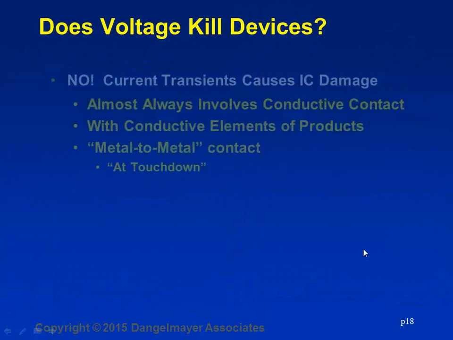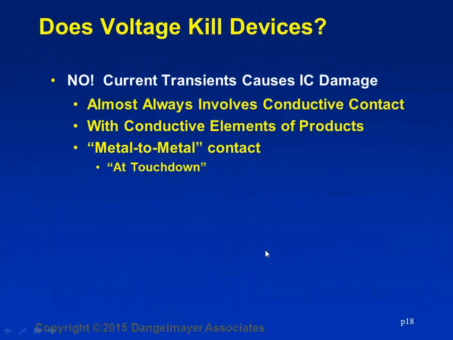Now, does voltage kill devices? The answer is no. It's the current transients that damage devices. And it almost always involves conductive contact with another object: tools, automation equipment, various items within the manufacturing environment. Again, we call this metal-to-metal contact at touchdown, to imply that that is where your product touched the conductive material.